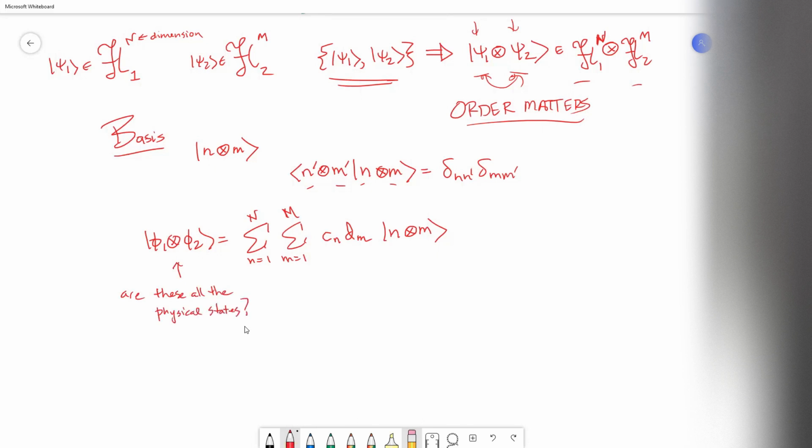Say we had some composite system of, like, two spin-1/2 particles. Can we always write the state of that system as something like this, where we specify the ket of the first spin-1/2 particle and then the ket of the second one, and that's it? That's the state of the whole thing. And the answer is no. There are states that you can write down that are not like this, and those are so-called entangled states.